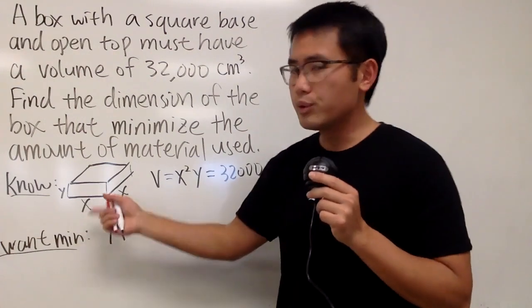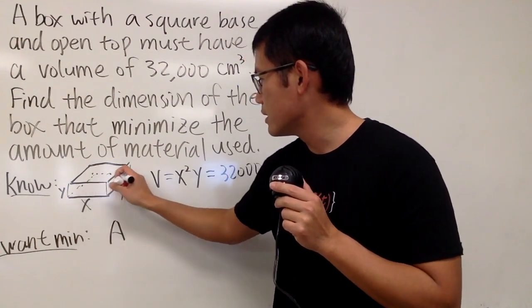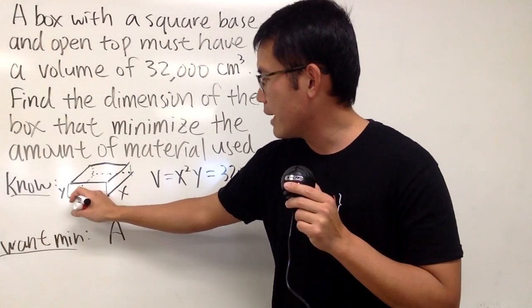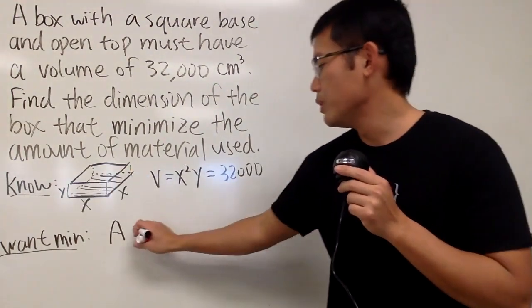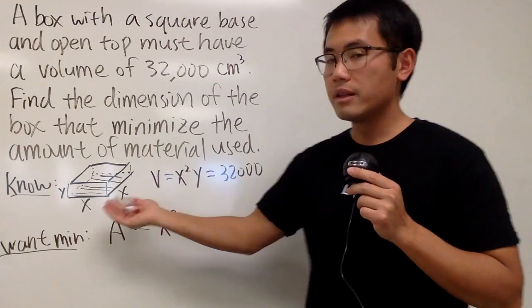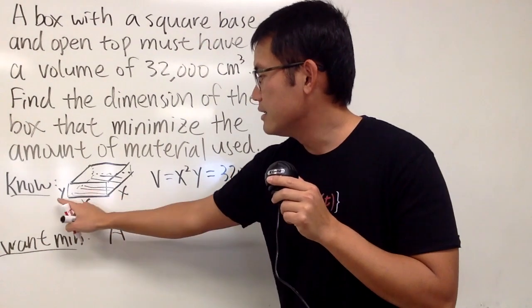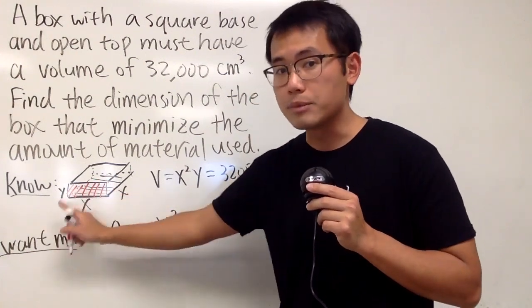First of all, just look at this picture, and I will do some dashed lines like this, so you can see. Right here we have the base. This is the square, so we have x squared. That's the area for the base. And then, if we look at the side, this is a rectangle, and the area is just x times y.